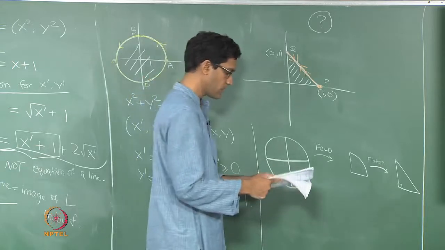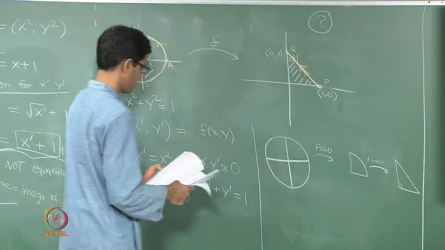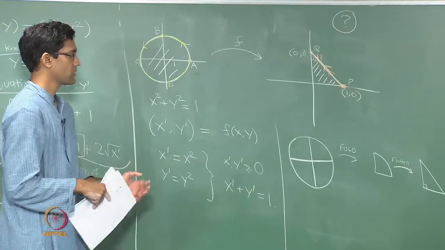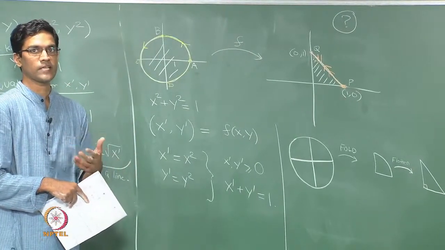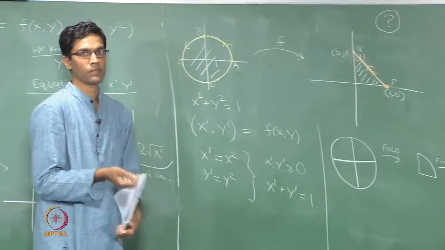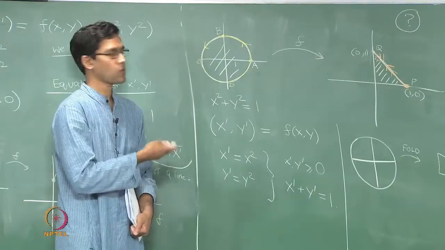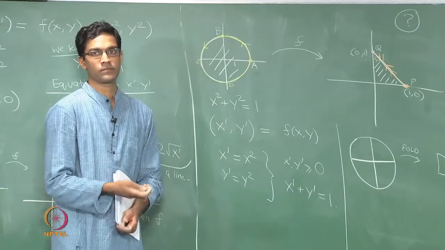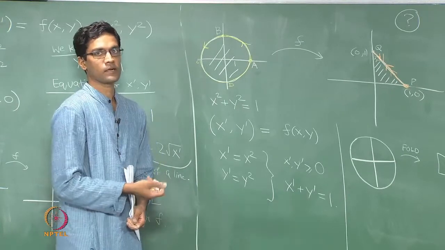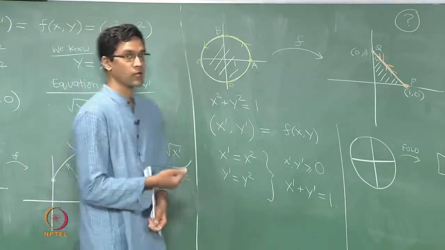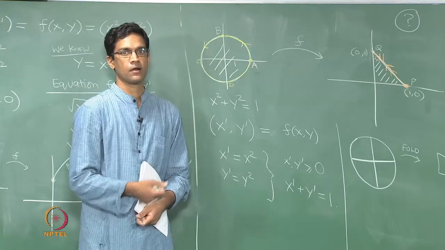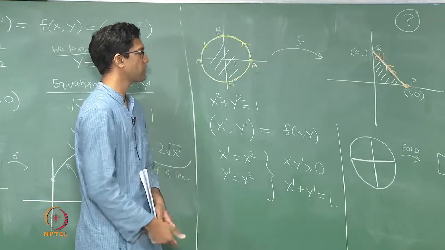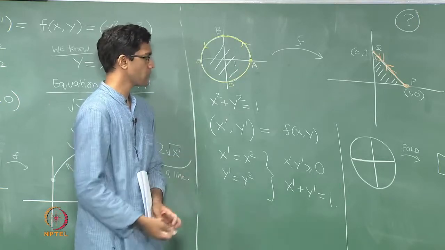The key point here, with this example at least, is to realize that this thing of lines mapping to lines that we kept talking about in all the earlier examples is not something to be taken for granted. It is not always true that a transformation maps lines to lines. It can do some rather strange things to lines, make them other kinds of curves and so on, as we saw in this example.